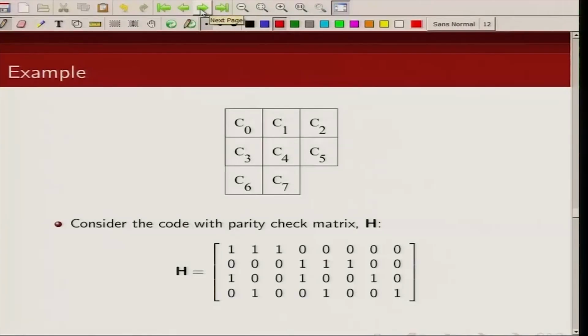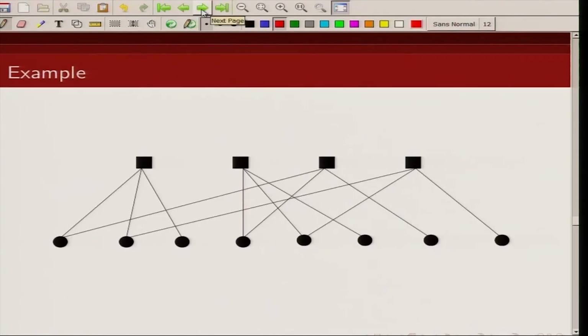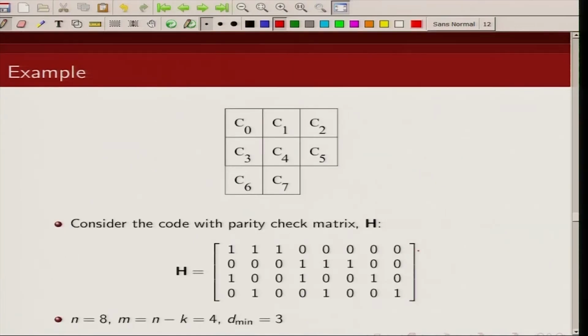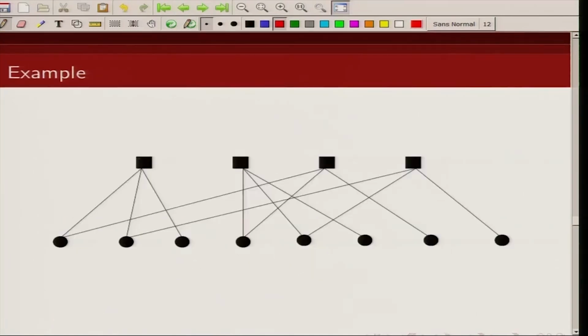So let us take an example to illustrate the decoding algorithm. We have a low density parity check matrix given by this. We have 8 coded bits. This is the Tanner graph corresponding to the parity check matrix. We can just quickly check it. The first parity check equation involves the first 3 bits, this, this and this.